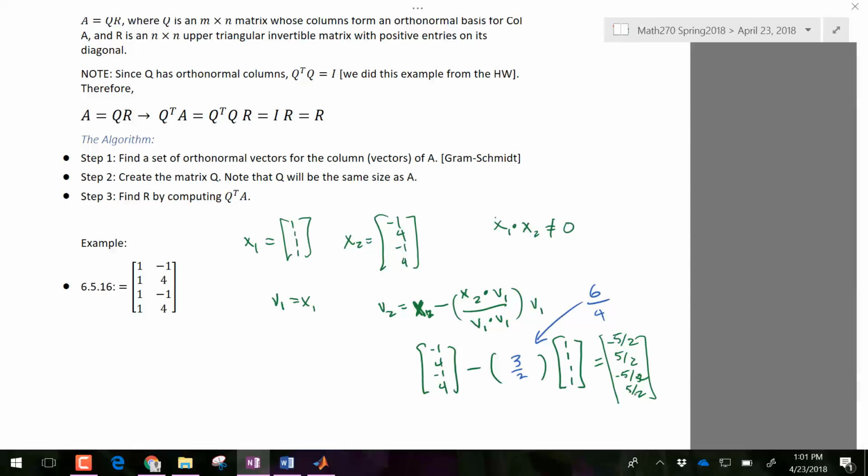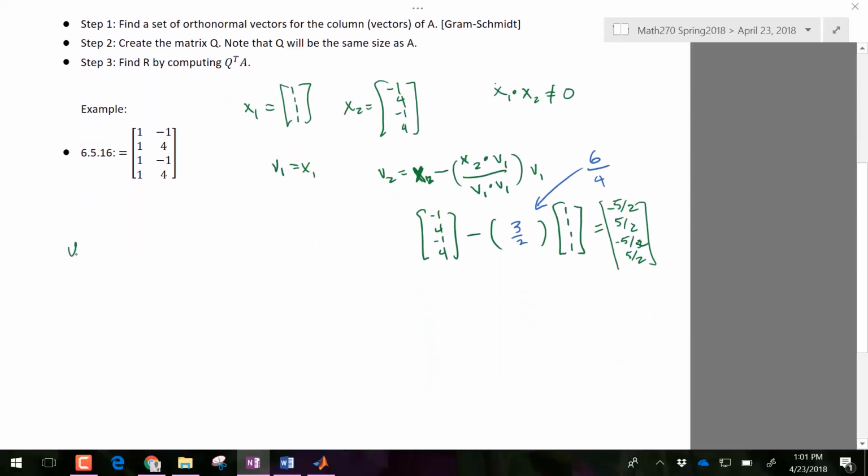So now we have to find the magnitude so we can normalize it. We have these v vectors that are orthogonal to each other. Let's create u vectors now so that it's normalized. So this is 2, right? The magnitude. It's 4 when it's squared, without the square root, and you need to take the square root of it, right?